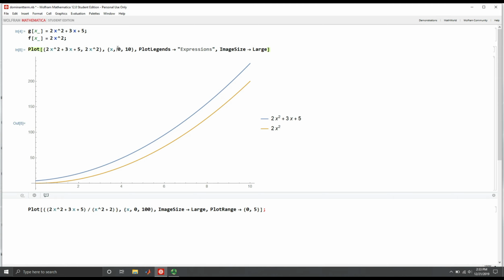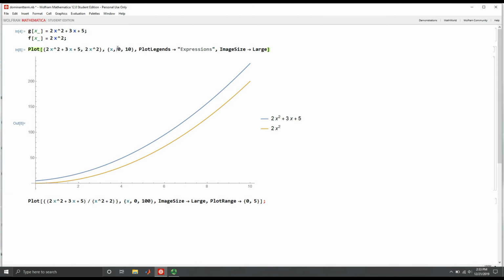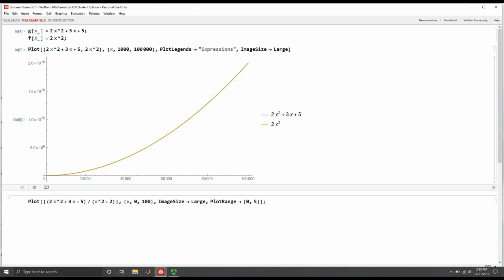So let's try to draw these two functions for x values, I don't know, 1000 to 1234. Okay, now you can see there's hardly any difference. Right, now if I zoom in here even further, I would be able to see a difference, but they are almost the same thing.